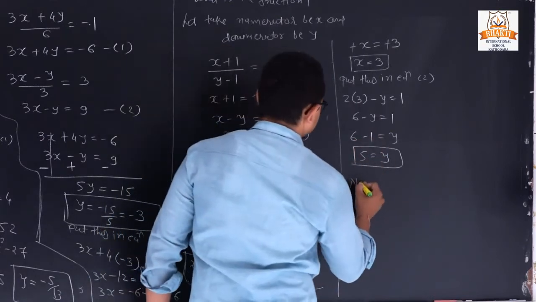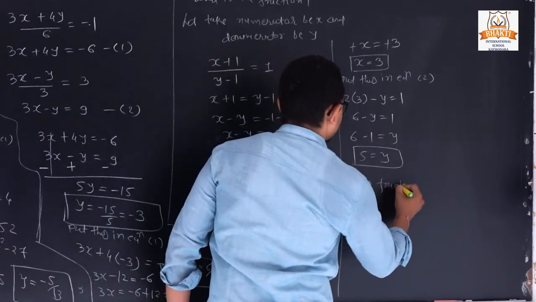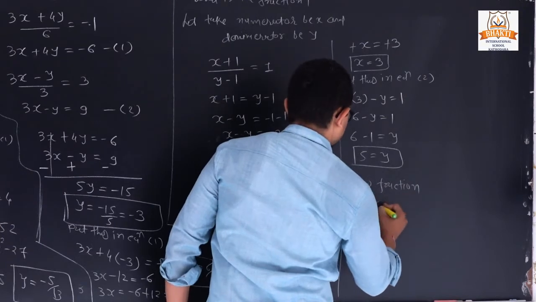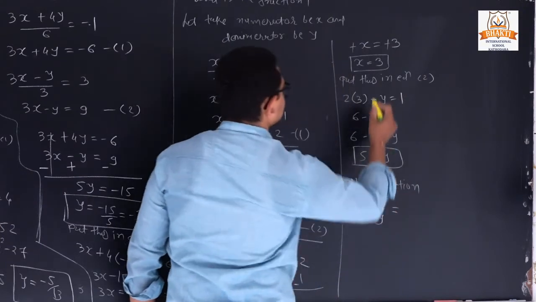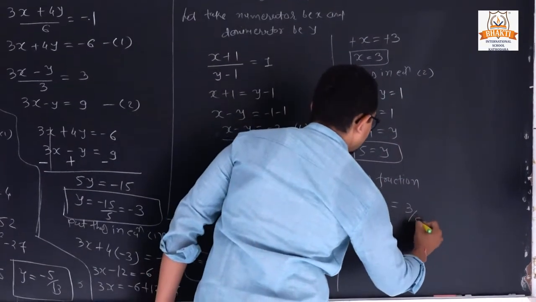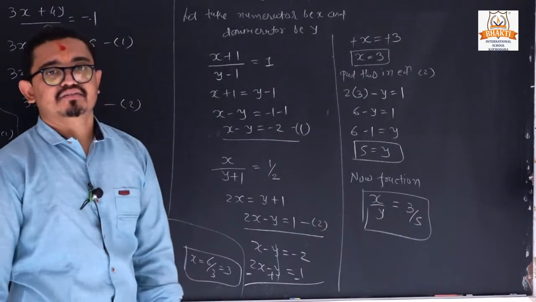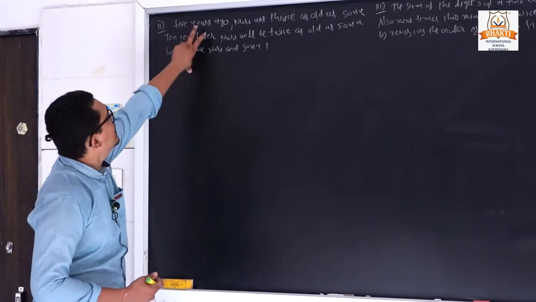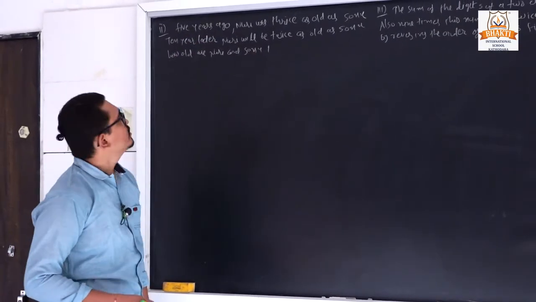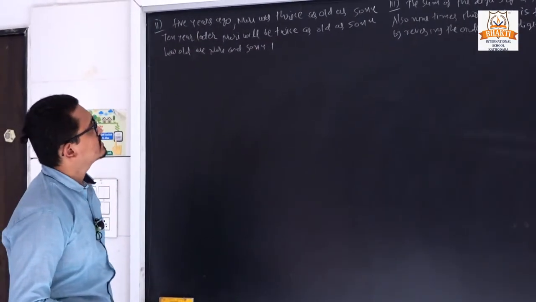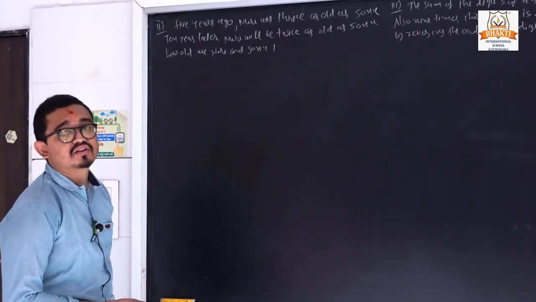So now the fraction x upon y, so what is x? 3 by 5, so what is our answer? 3 by 5.